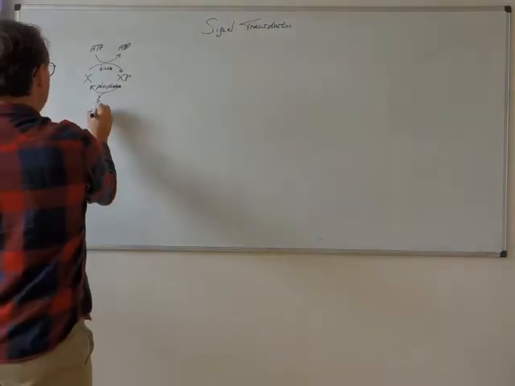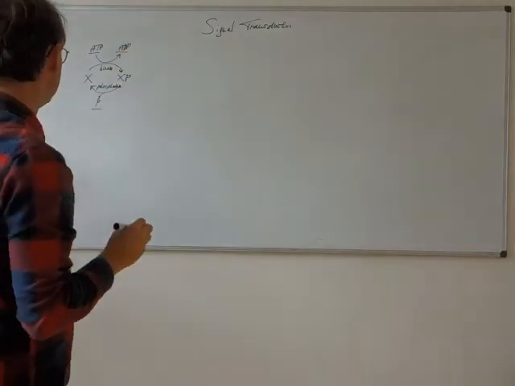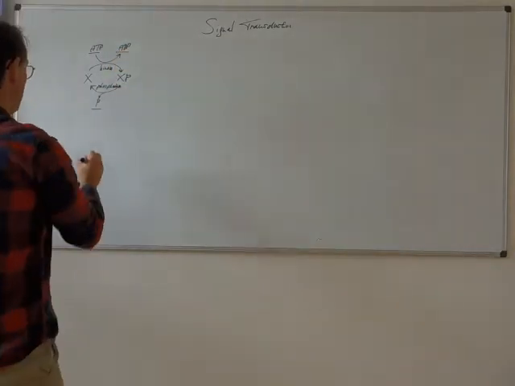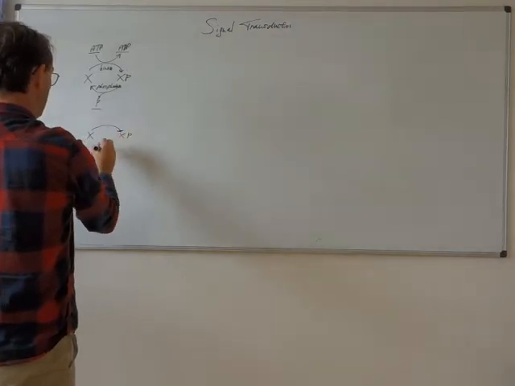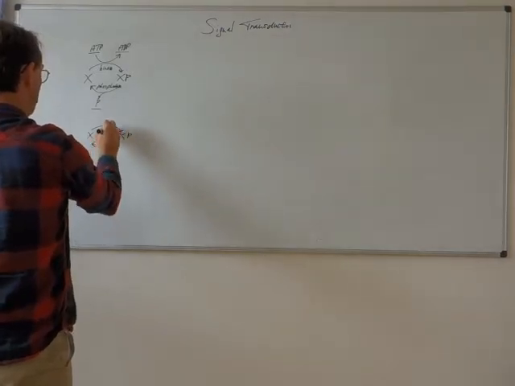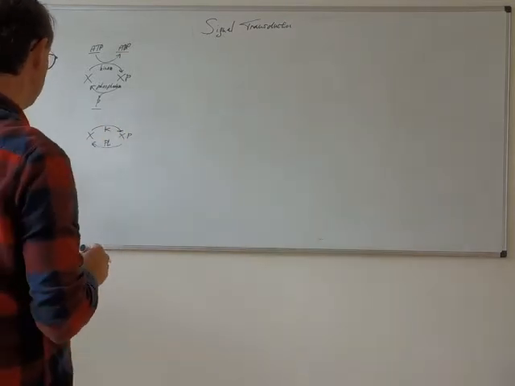And we will be assuming that the concentrations of ATP, ADP and phosphate are constant. So effectively we're looking at this process done by the kinase, done by the phosphatase.